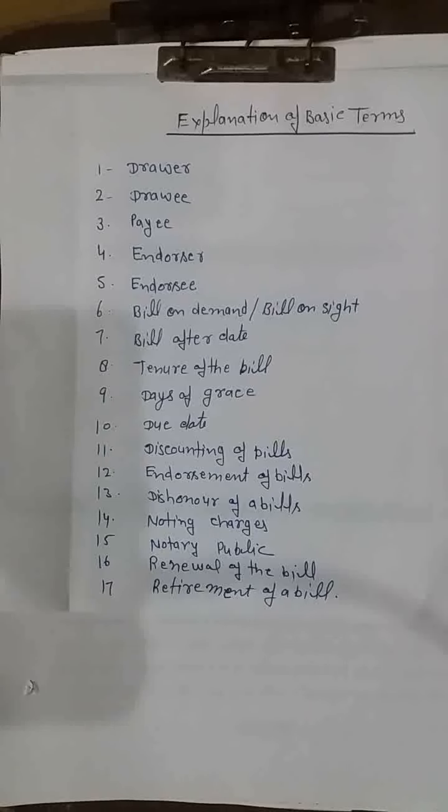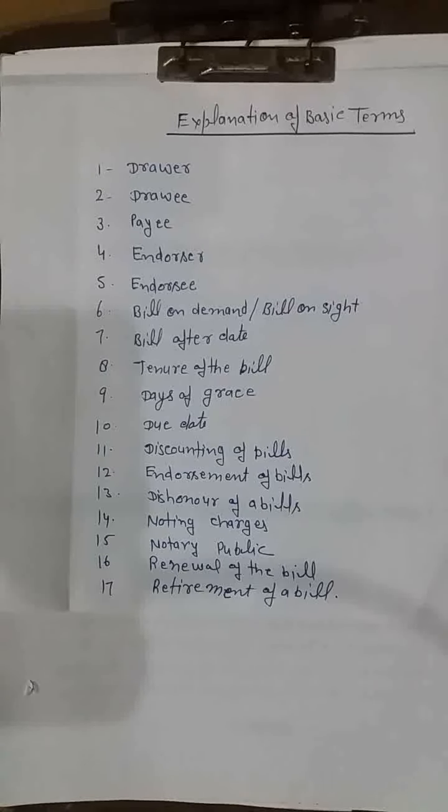Number 11. Discounting of bill. If the holder of the bill needs funds, he can approach the bank for encashment of the bill before due date. It is called discounting of bills. Endorsement of bills.